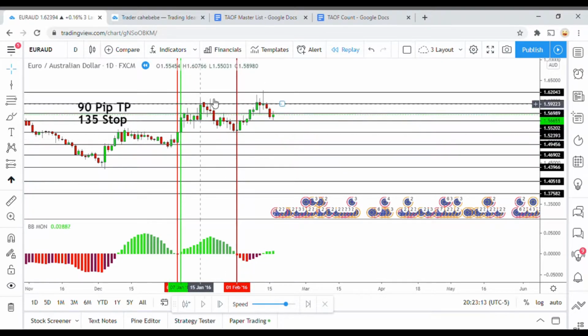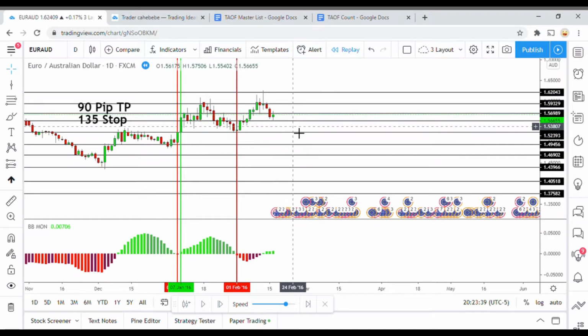And so the reason I don't like this in this particular setup right here, and you see it from time to time. I wouldn't say it's extremely often or extremely common, but you definitely see it a good deal. What I don't like about this is that it pushed up and had a strong drawback right here and then another push up.